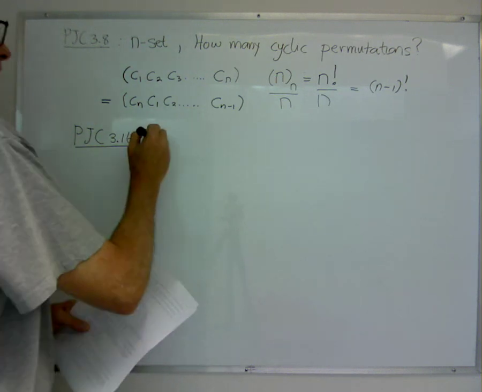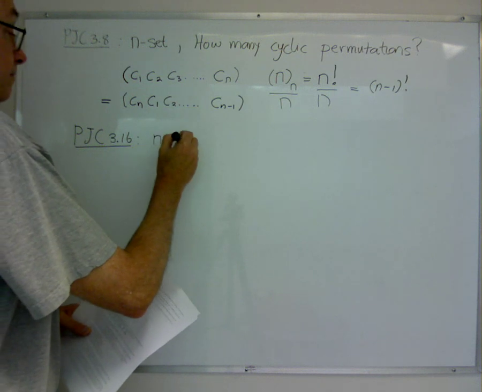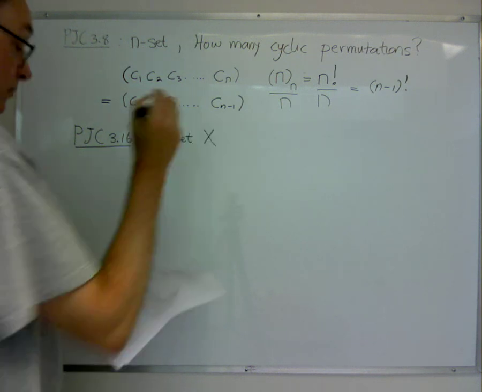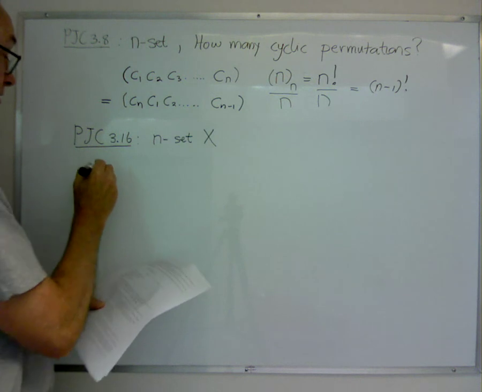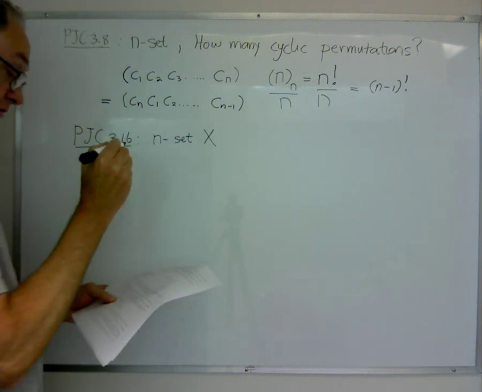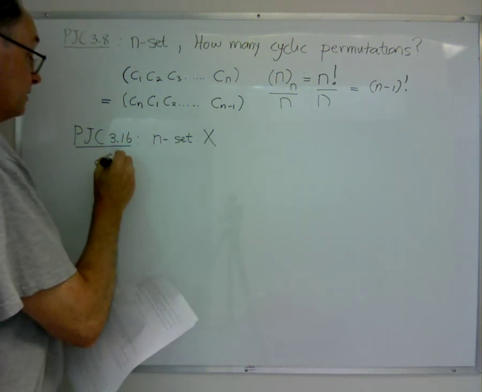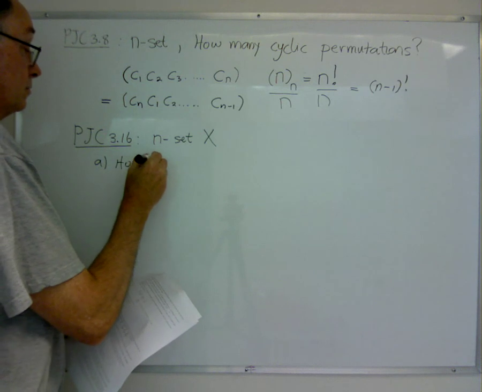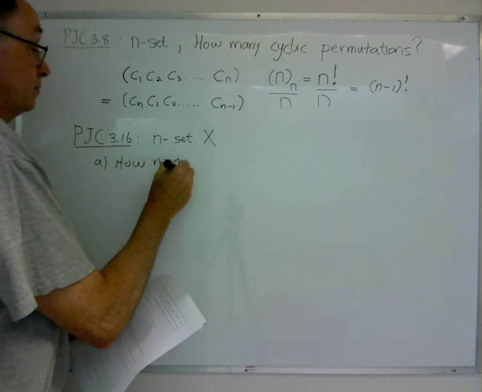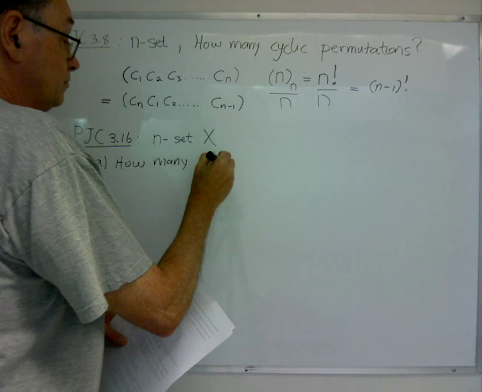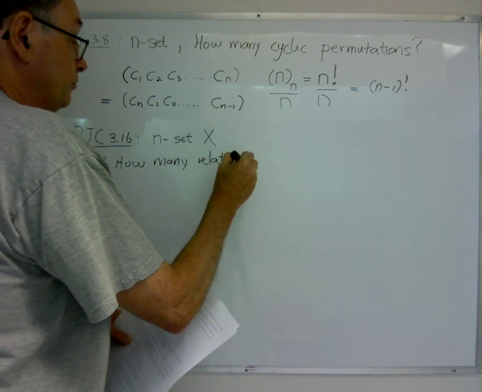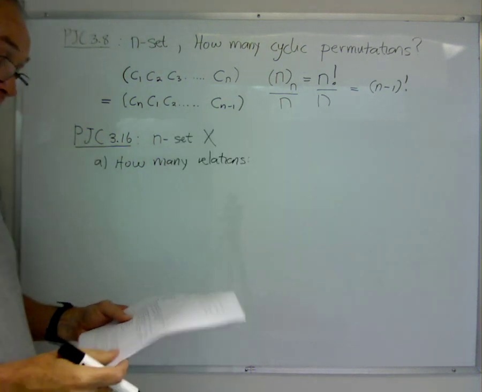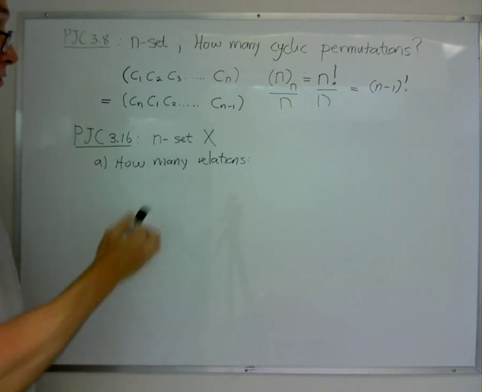So you have an n set, and the first question they ask is how many relations? So how many relations? Well, what is a relation?